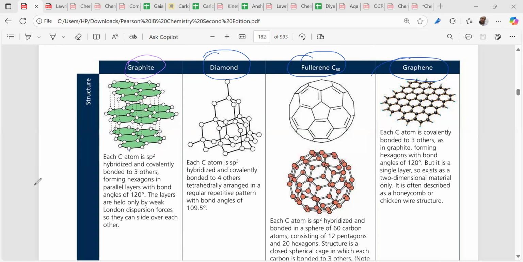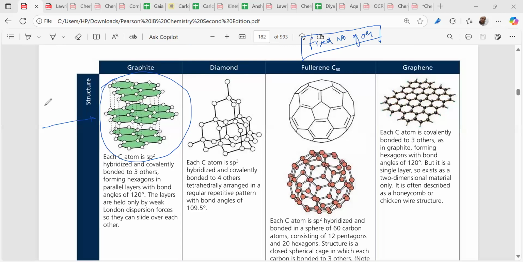Now you have to understand this important portion: when we utter the word molecule, molecules will have covalent bonds only, and they will have a fixed number of atoms. This thing I want to highlight to everybody: a fixed number of atoms. Does graphite have it? No. A small graphite and a large graphite rod will have different numbers of atoms.